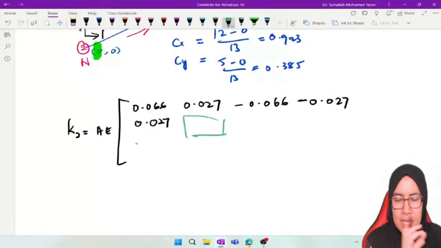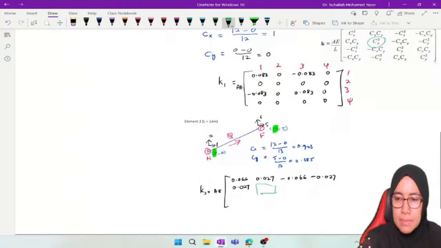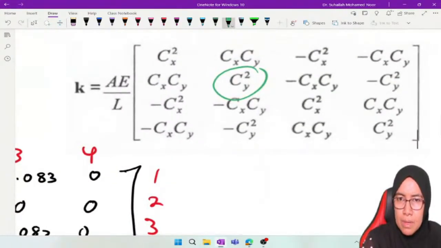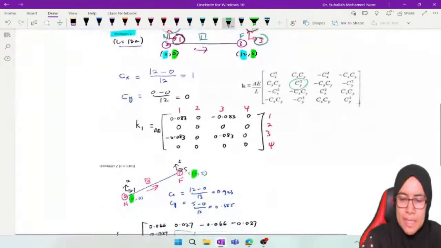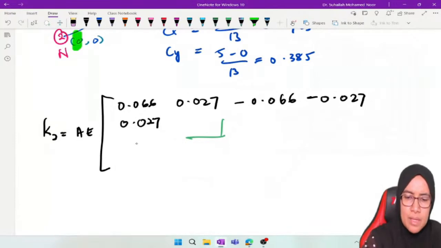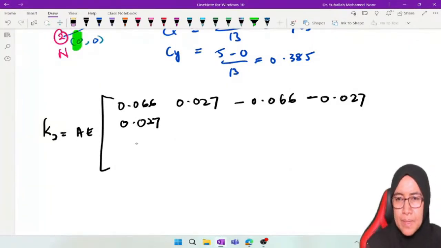Okay, next value, Cy squared over 13. Please calculate: 0.385 squared divided by 13.